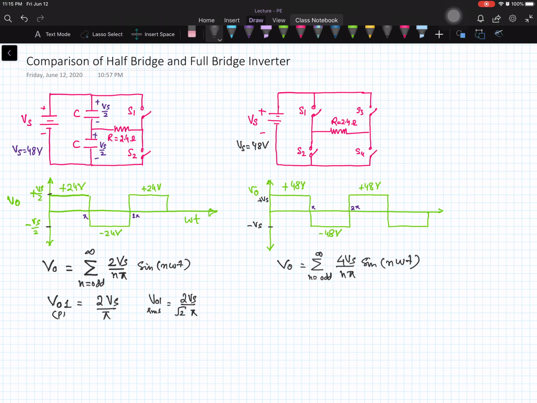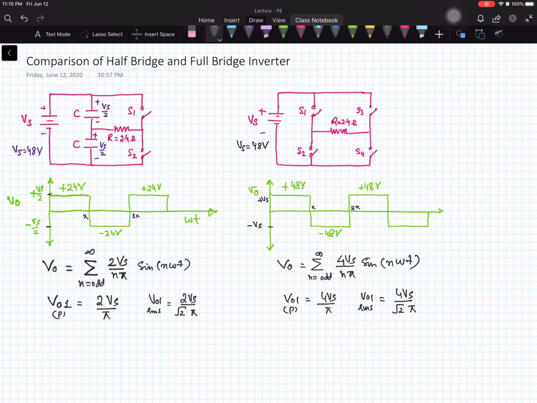Similarly, for the full bridge inverter, output peak value will be equal to 4 Vs by pi, and the output RMS value of the fundamental component will be 4 Vs by under root 2 pi.